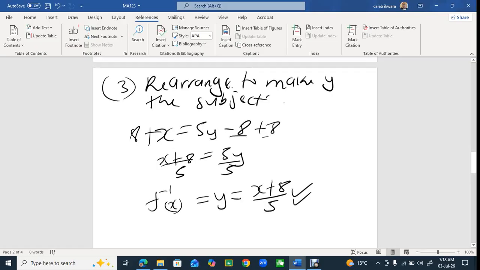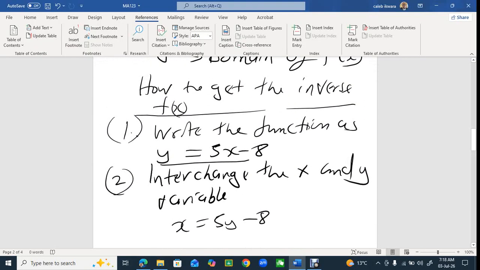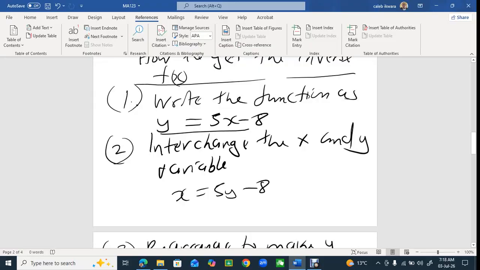Okay, how about the domain and the range? In this case, we are not given either the domain or the range, unless the question is specific. Maybe you're told that the input value or the domain is, let's say, x is greater or equals to 0.